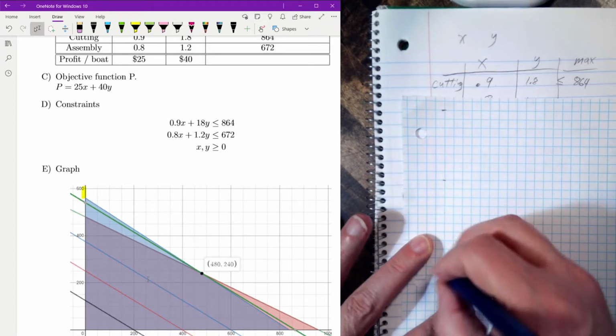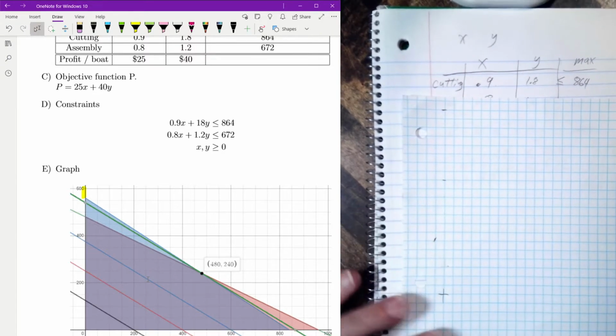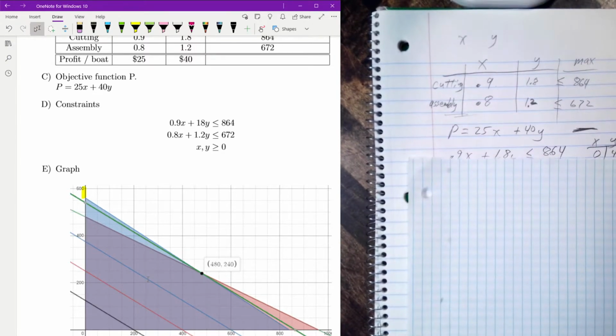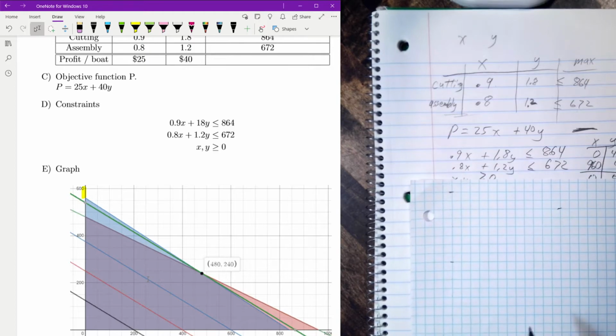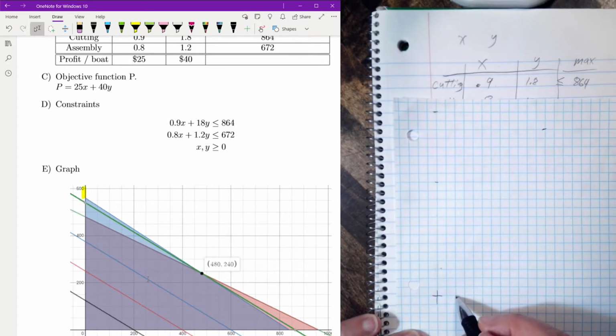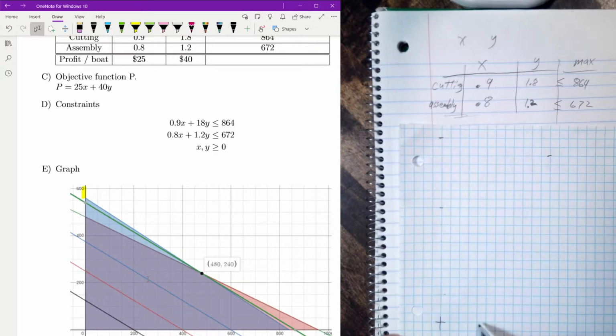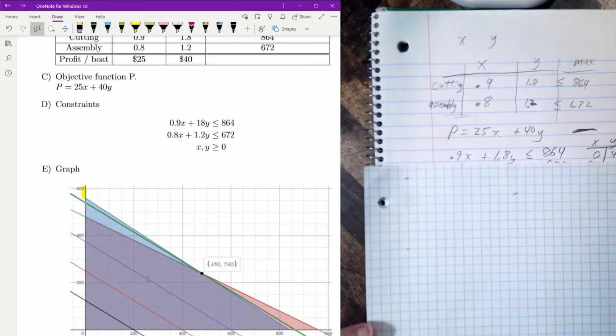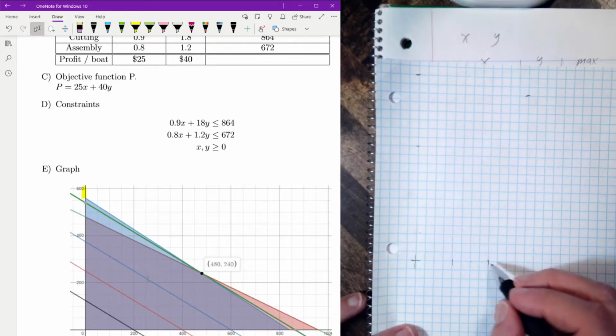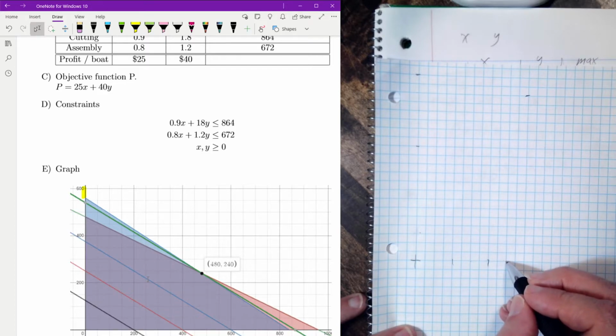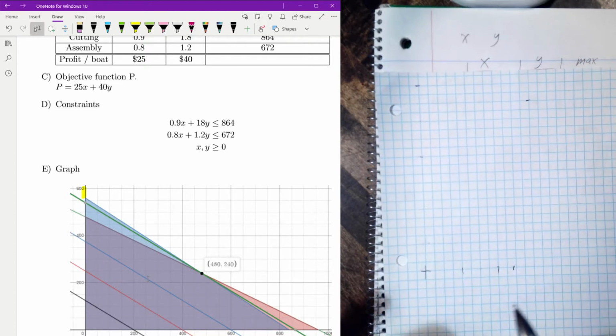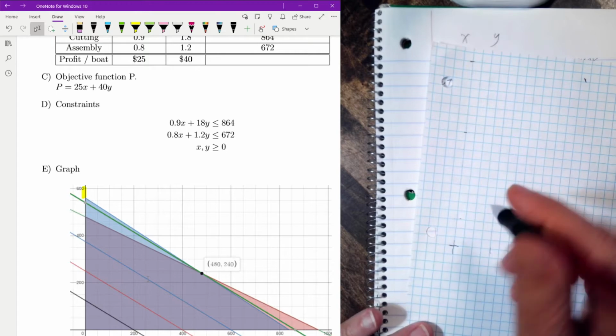So I'm just adjusting my scale. Sorry about that. This is my scale, and I'm doing every 2. So 1, 2, 3, 4, 480. So 480 is right about there. And 960.